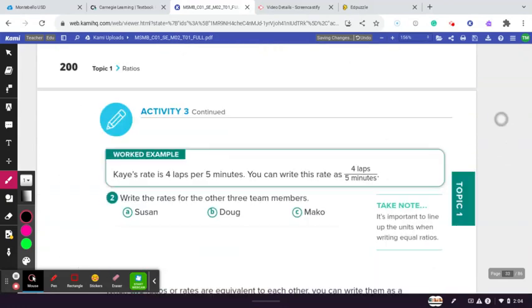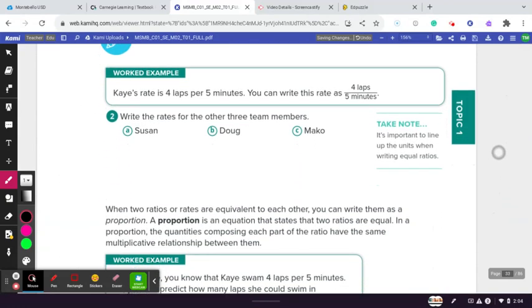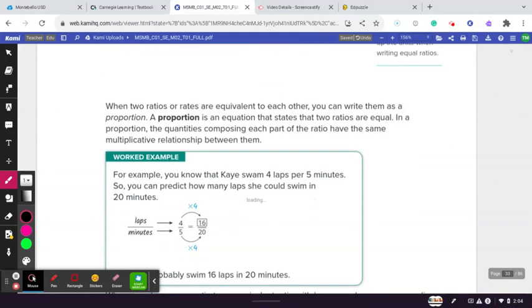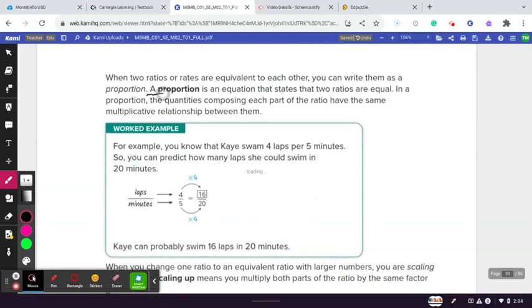The next page is going to ask you to scale up these proportions. So this is the definition of a proportion here. It's an equation that states 2 ratios are equal, just like what I did up earlier in that previous problem. So there's an example here from this student K. So here's another answer from the problem up above. This student does 4 laps in 5 minutes.